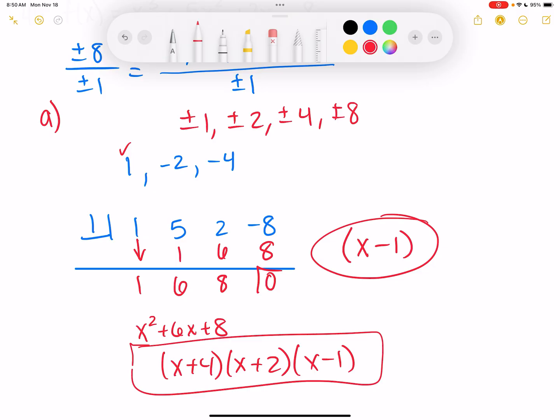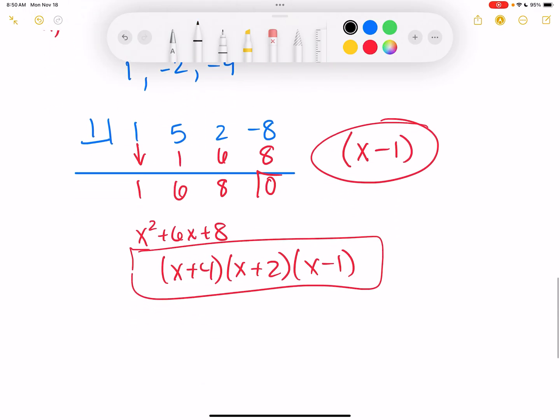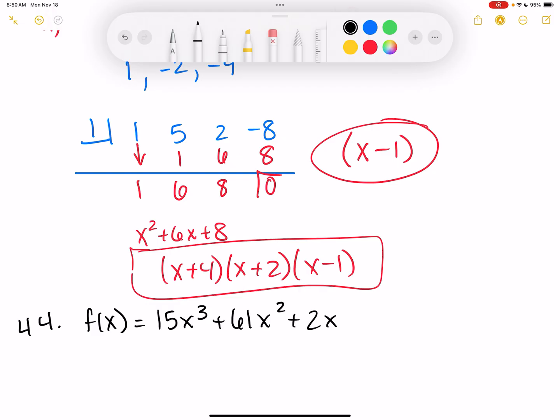So let's see. Number 4. f of x equals 15x cubed plus 61x squared plus 2x minus 8.